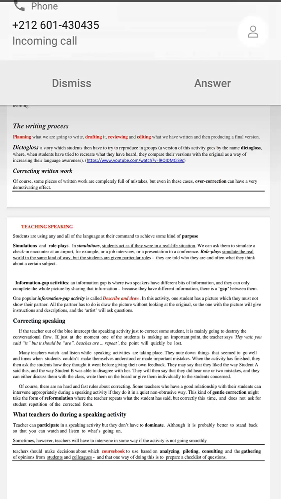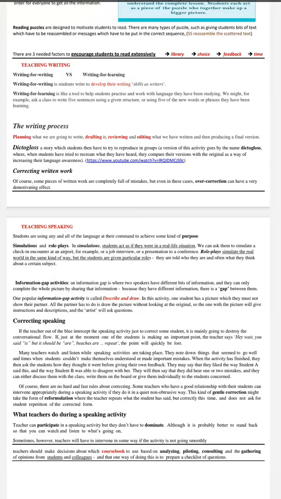We can ask them to simulate words in the same kind of way. But the students are given practical roles. They are told who they are and often what they think about a certain subject.